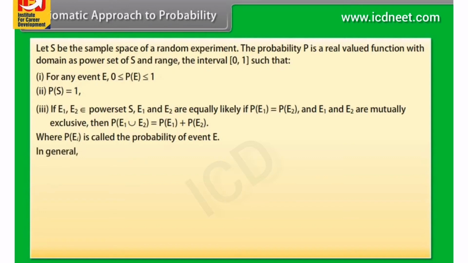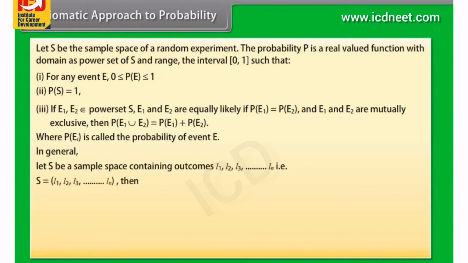In general, let S be a sample space containing outcomes L1, L2, L3 up to Ln, that is, S is equal to {L1, L2, L3, up to Ln}.